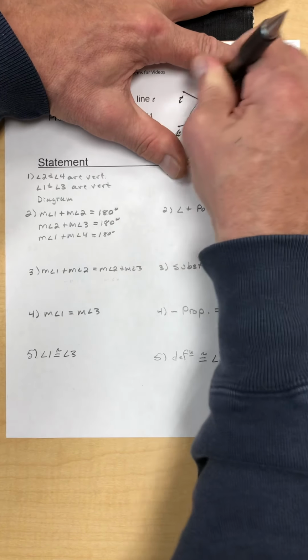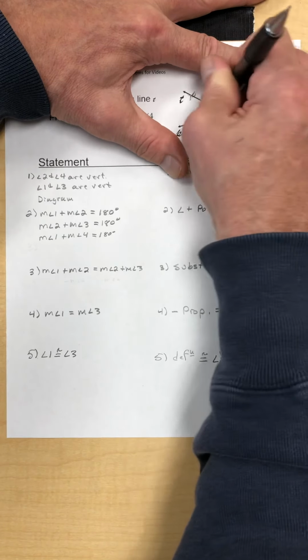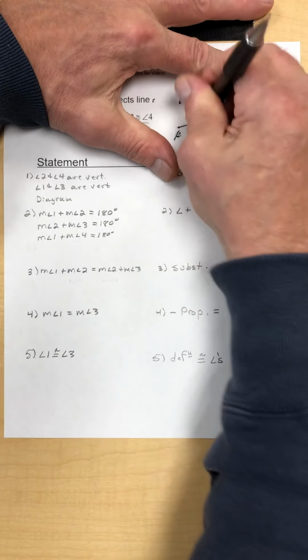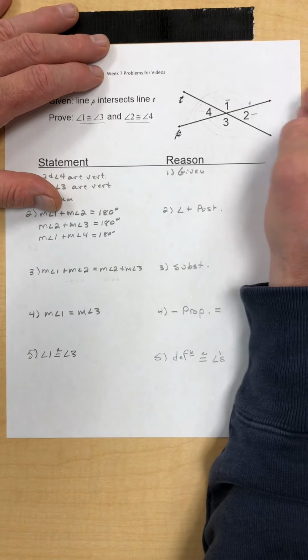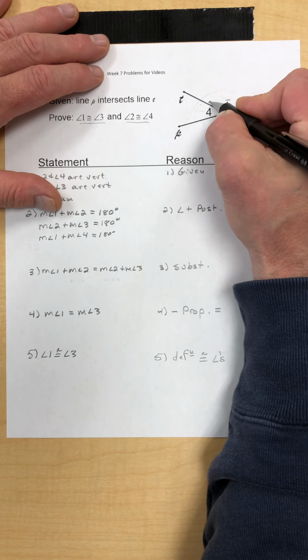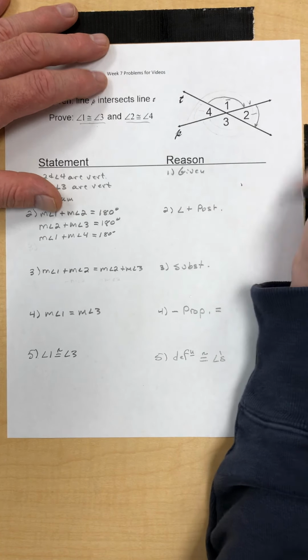Now I have to get 2 involved. Well, I said that I was going to work with angle 1, so let's involve 2 and 1. What if I take the measure of angle 1 plus the measure of angle 2 right here?